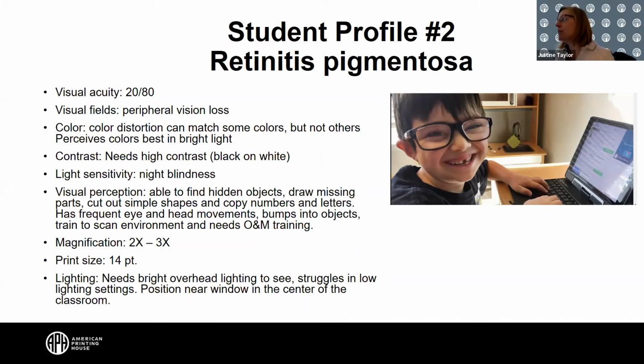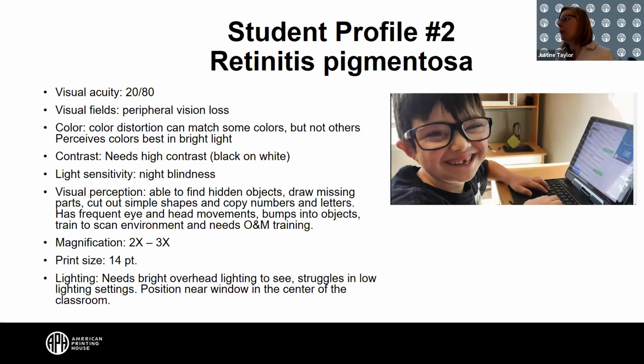And this results in reduced peripheral vision. Individuals with RP will normally have night blindness, and RP can eventually lead to total blindness.